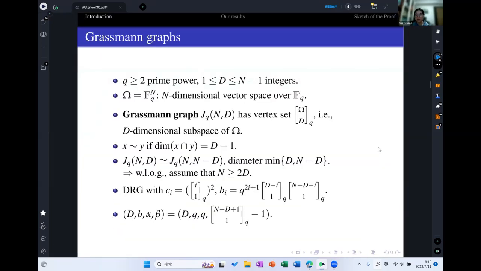Then we can see Grassmann graphs. It's actually the q-analog of Johnson graphs, and it's also our research object. To define this, we have this omega. Omega is an n-dimensional vector space over F_q, a finite field. And the vertices of the Grassmann graph are the d-dimensional subspaces of omega.